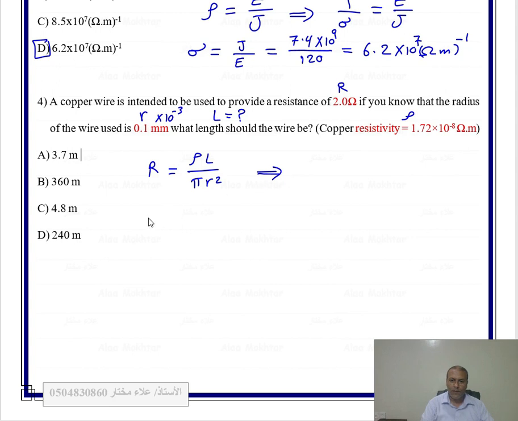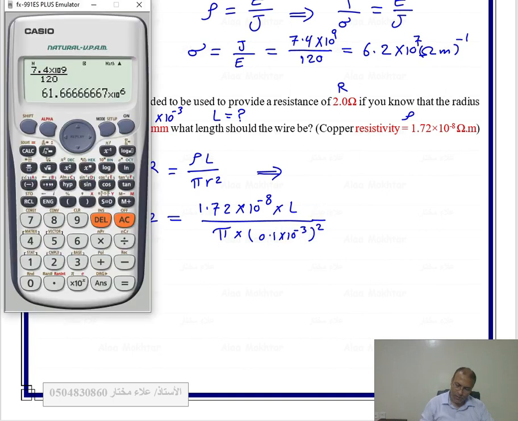We can substitute R is 2, equals 1.72 into 10 to the negative 8 multiplied by the unknown over pi multiplied by 0.1 times 10 to the negative 3 squared. Shift solve.